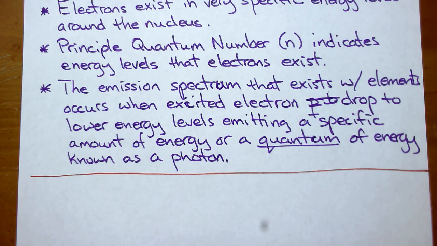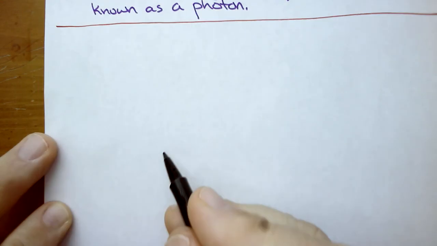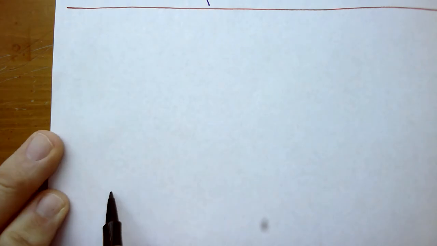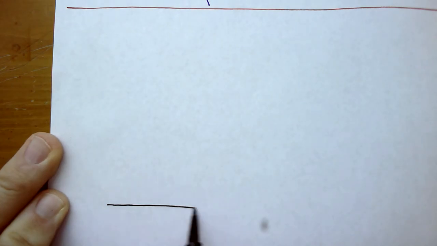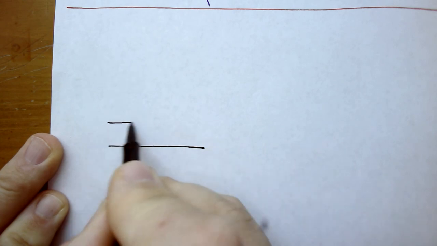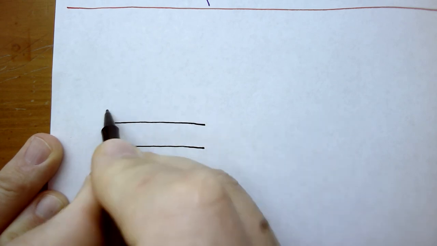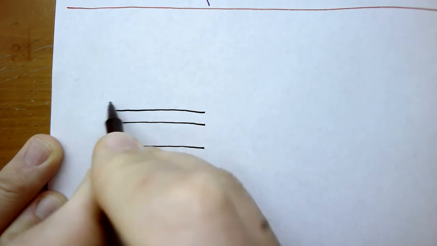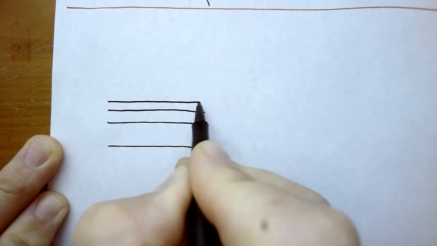So if we have energy level 1, energy level 2, energy level 3, energy level 4, and yes, the energy levels get closer together the further they get from the nucleus.